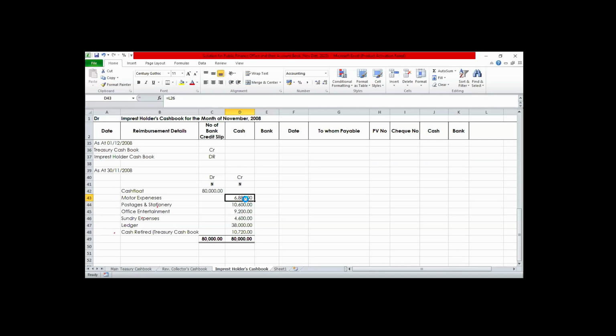Any other question? Sir, at that 1st of December, which amounts will be credited and which amounts will be debited? Are you referring to all the accounts? No, in each of the accounts you've written down. At the 1st of December 2008, we credit treasury cash book and we debit interest holder. 80,000 is the normal amount.